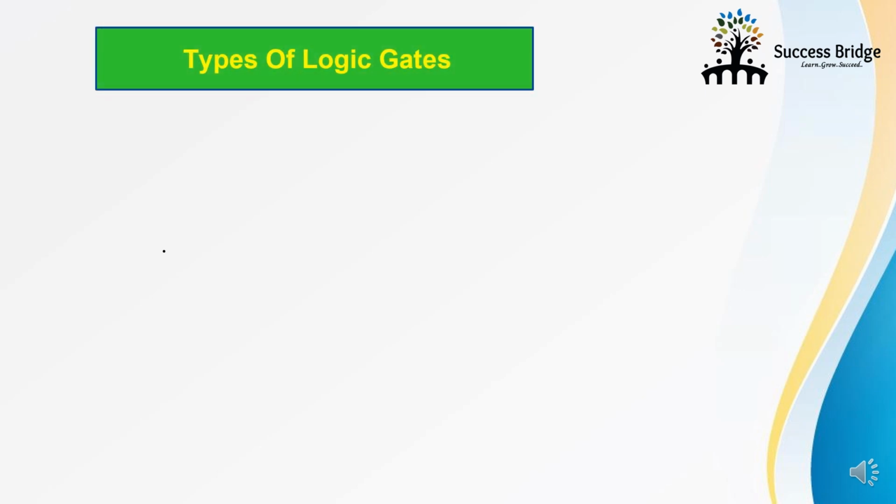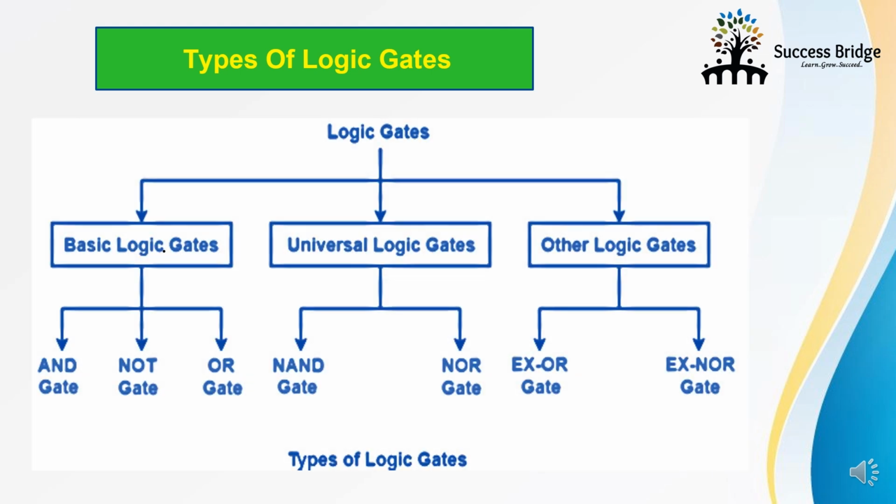Let's see the types of logic gates. There are several types of logic gates. The basic logic gates are the AND gate, NOT gate, and OR gate. Apart from that, two more logic gates are the NAND gate and NOR gate.